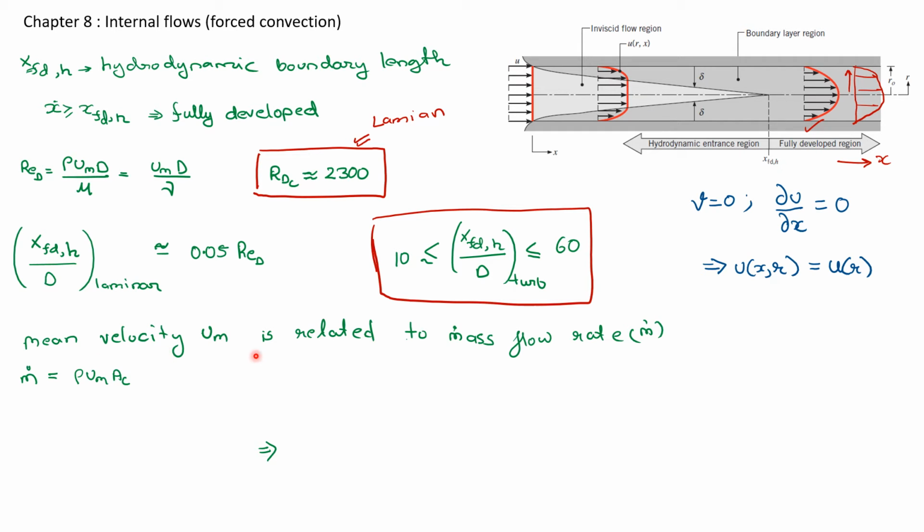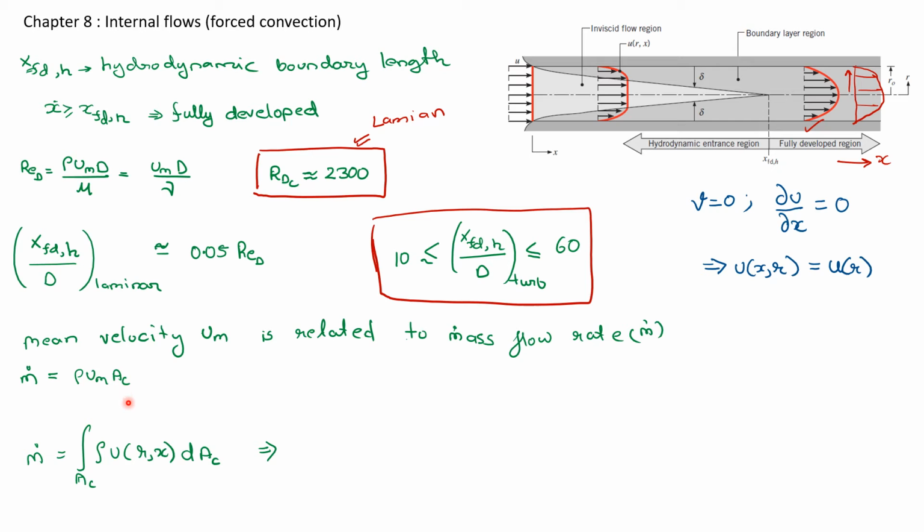Now, this mean velocity is related to the mass flow rate m dot that's coming into the pipe. And we can write the mass flow rate as the density times the mean velocity times the cross-sectional area. So how will you find your mean velocity and the area?